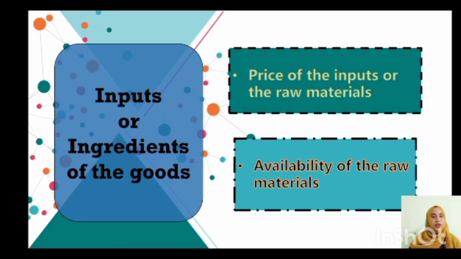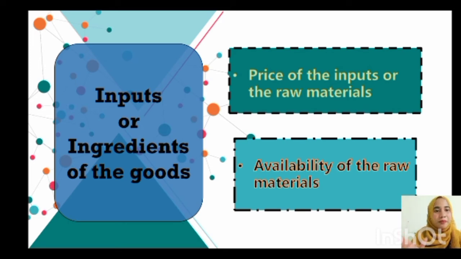So the second non-price factor is the inputs, or the ingredients of the goods. So we have first the price of the inputs, meaning the ingredients of the goods. For example, in making soda or beverages, sugar. That is the ingredient or the raw material of the supply.